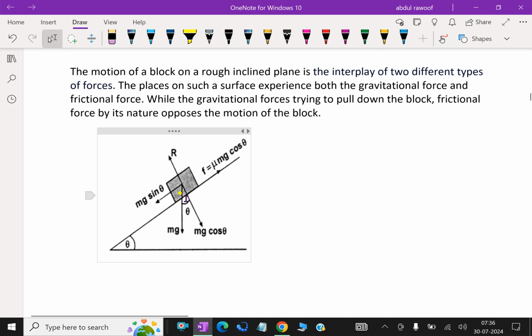Now F equals mu mg cos theta. Suppose mg sin theta is more, it comes down, but if mu mg cos theta is greater than this, it will go up.